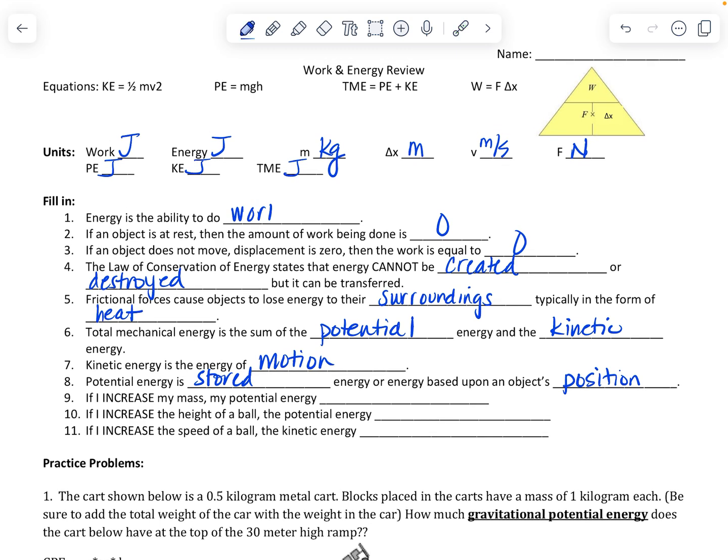So if you increase the mass, my potential energy will increase. Also, if you increase the height of the ball, my potential energy will increase. In the kinetic energy formula right here, it's 1/2 mv squared, mass times velocity squared. So if you increase the velocity or speed, the kinetic energy will increase.